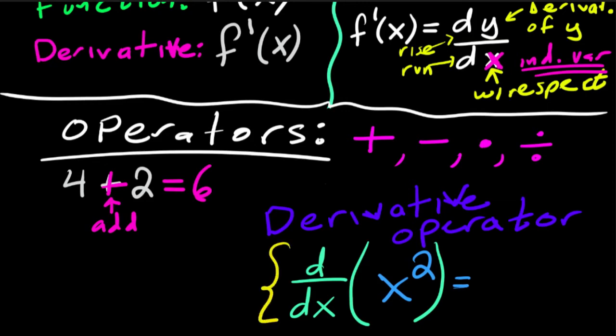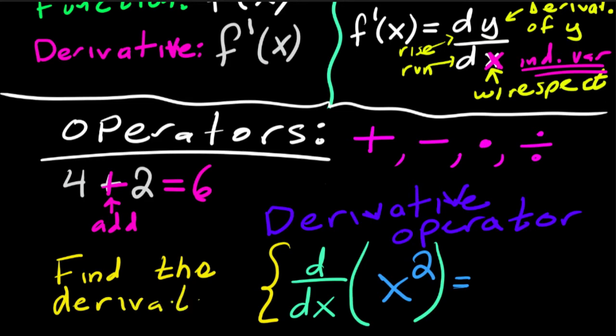This is saying, hey, mister, why don't you get to work and find the derivative of x squared. That's why it's an operator, because it's telling you to do something. And so then you would find the derivative of x squared, which ends up being 2x.